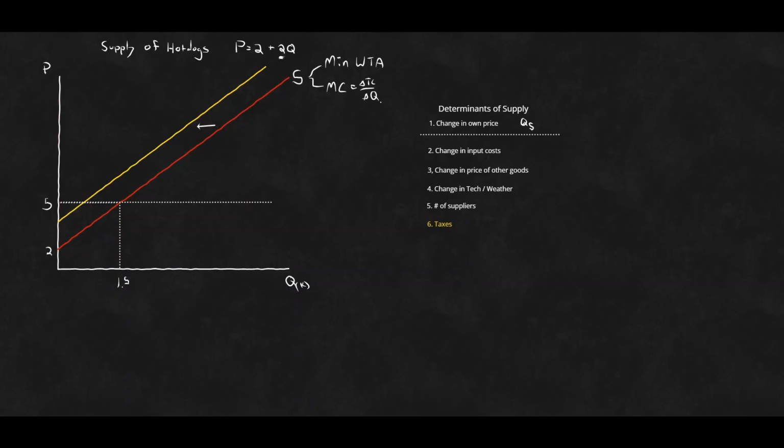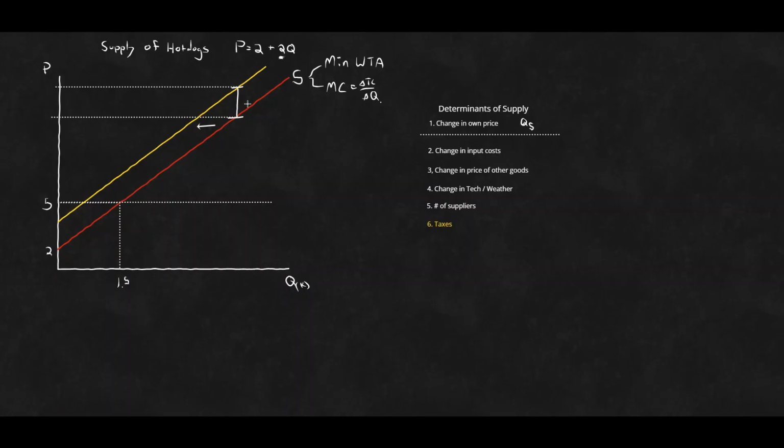And the way that would be visualized is that the size of the tax is this vertical distance between the two supply curves, that is, between the supply and our augmented supply curve. If you were to say, well, okay, there to there, that vertical change in supply, that would be our tax per unit.